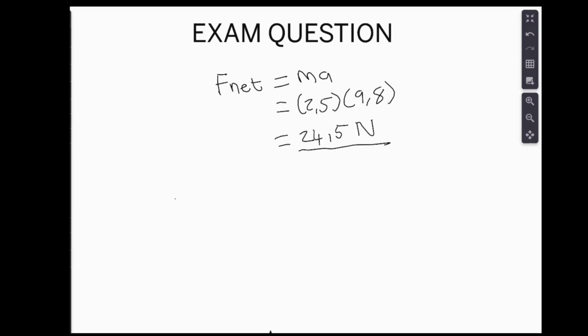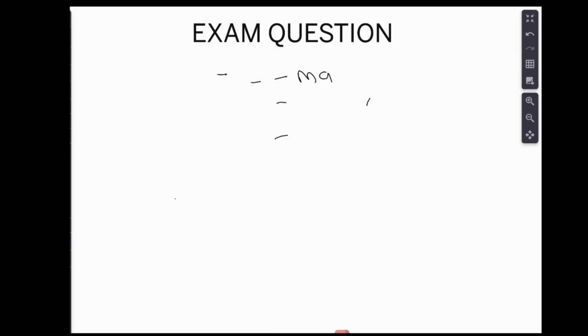And then we can equate all of that minus the force of kinetic friction. Yes? Okay, but let's do it practically.